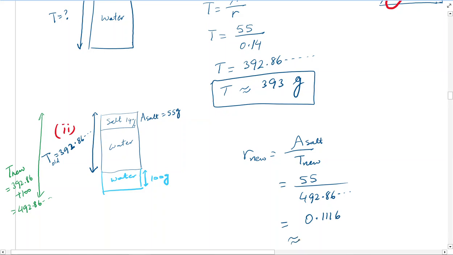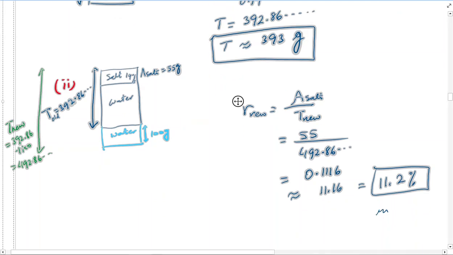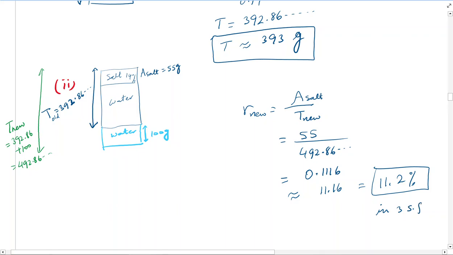So in decimal form, or sorry, in percentage form, it will be 11.16%. But since we want to round to 3 sig figs, it will be 11.2%. So that is the new rate of saline. I have rounded to 3 sig figs.